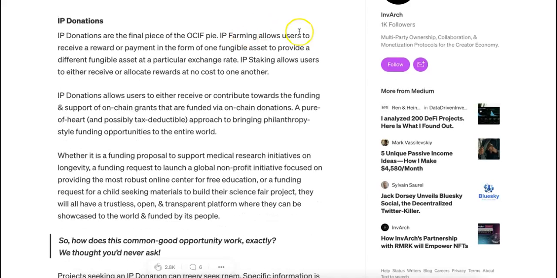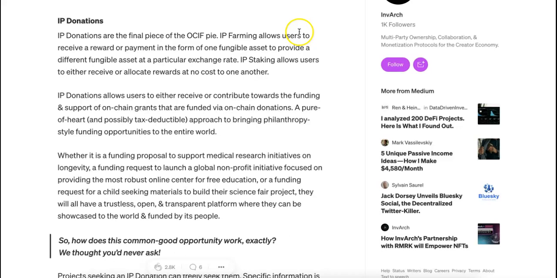So the next part would be the IP donation. If you want to have some funding and you want to get that through on-chain donation, then you can use the IP donation feature.